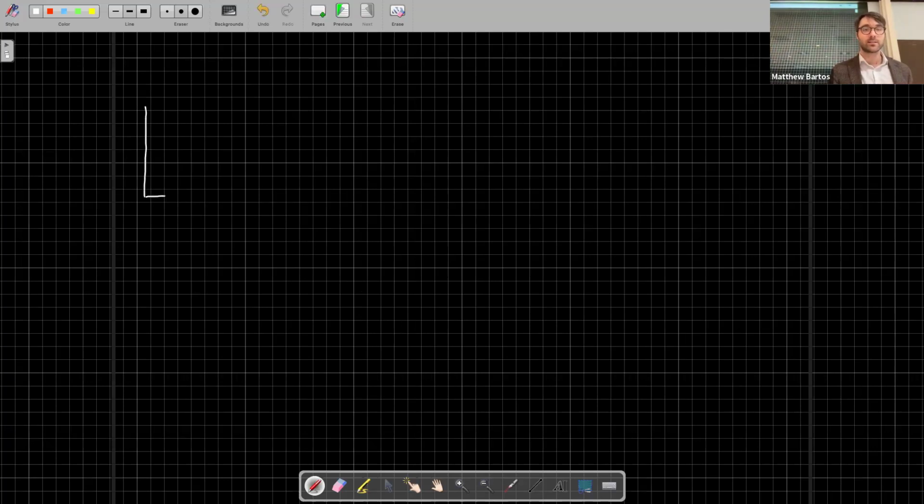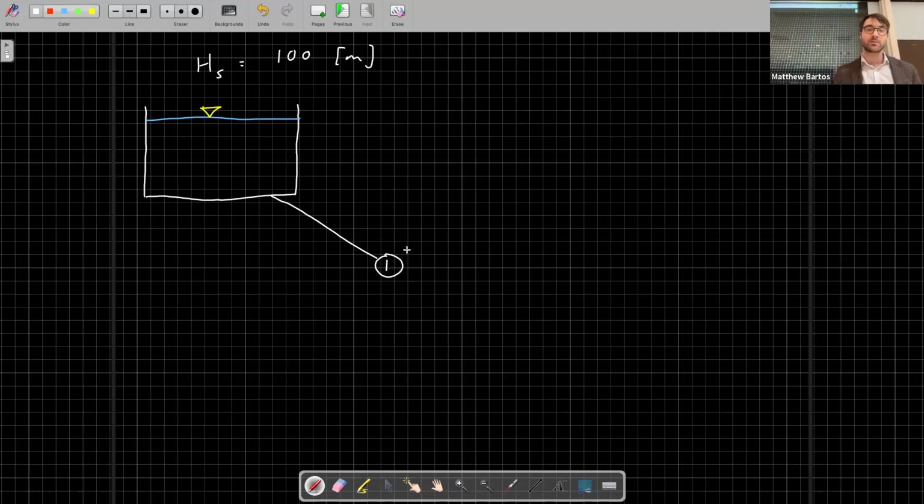So we have some reservoir and it's feeding this pipe network. We have a water surface elevation in the reservoir of H5 equal to 100 meters. This reservoir feeds into a junction, which I'll call junction 1. And then this junction splits off into 2 other junctions, junctions 2 and 3. Junctions 2 and 3 are also connected by a pipe.